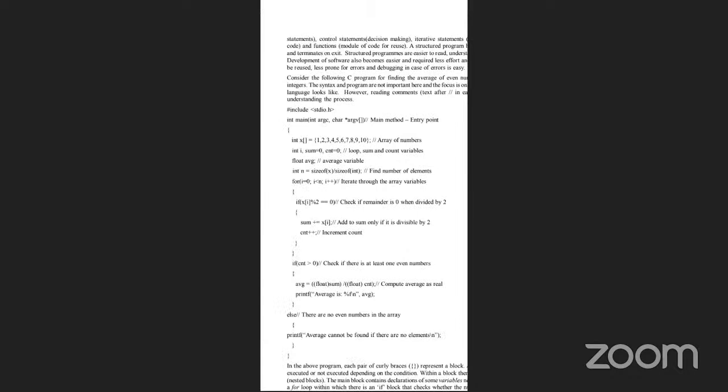Consider the following C program for finding the average of even numbers in an array of integers. The syntax is not important here; the focus is on how a structured language looks. However, reading the comments after the slash in each line will help in understanding the process.